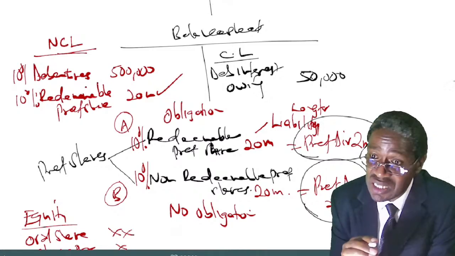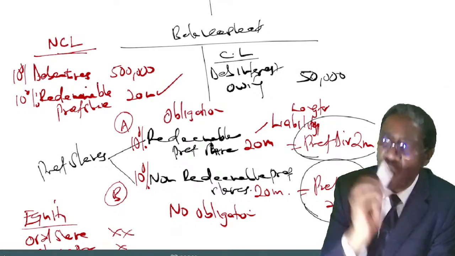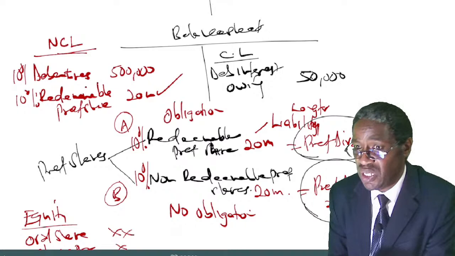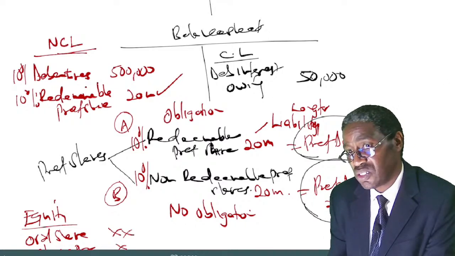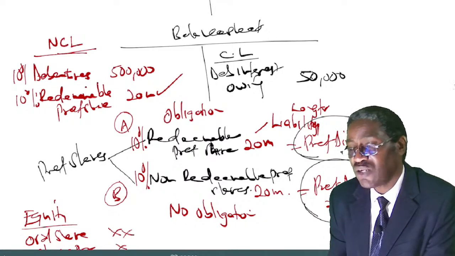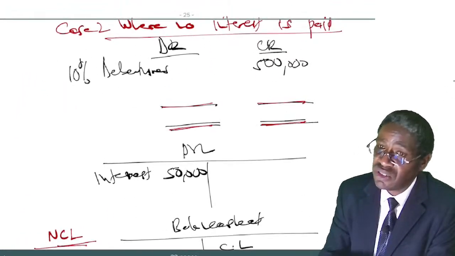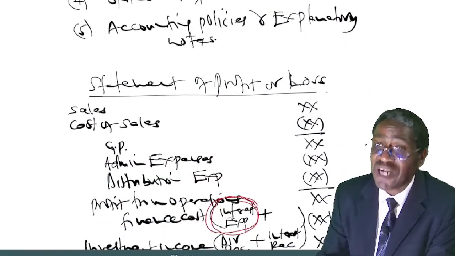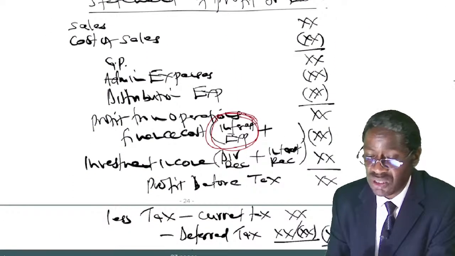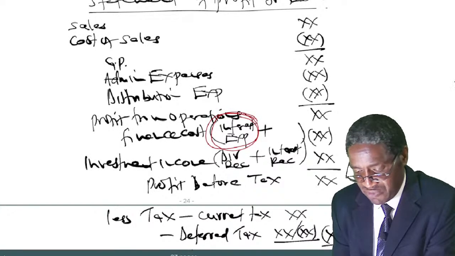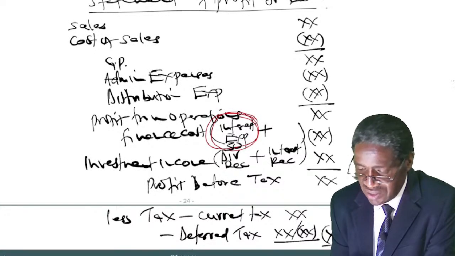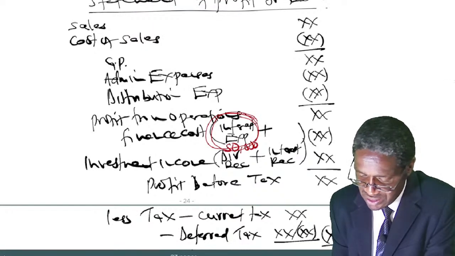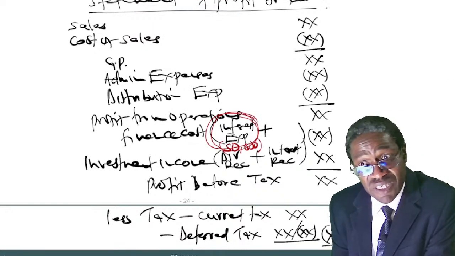The cost of borrowing through debentures is the interest you paid to the debenture holders, that 50. And when I was looking at the income statement format, I took it as part of finance cost, as interest here, that 50. Now, listen carefully now.